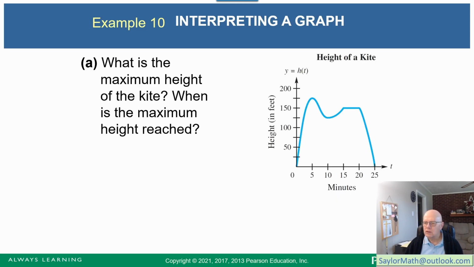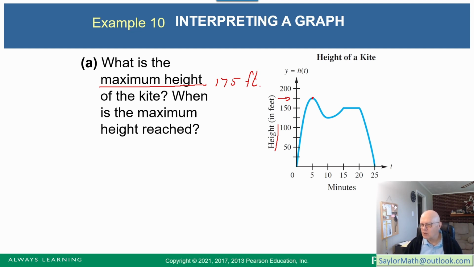Now, what's the maximum height of a kite? Well, this is the height right here. How high does it get? Well, it gets to about what? About 175. And that's in feet. Make sure we put the units in there so we know it's not meters.